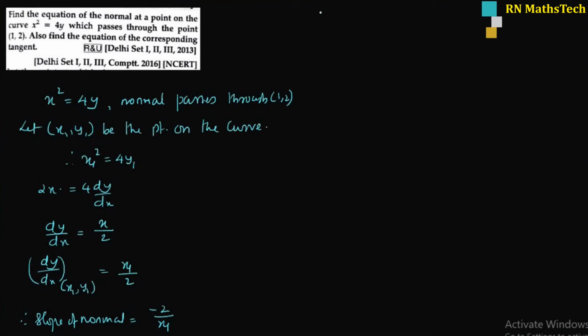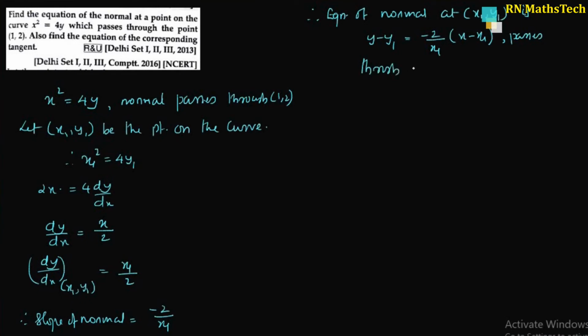Therefore the equation of normal at x1, y1 is y minus y1 is equal to minus 2 by x1 into x minus x1. It passes through the point 1, 2.